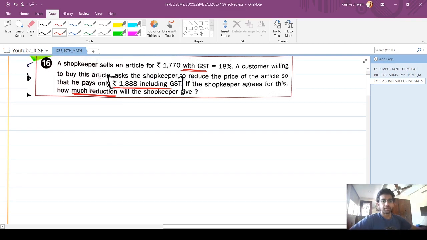Okay. So firstly, let's look at the actual SP. The SP given by the shopkeeper is nothing but rupees 1770 with 18% GST.